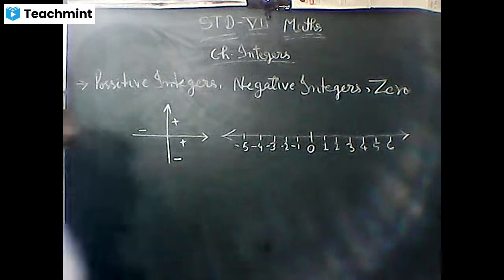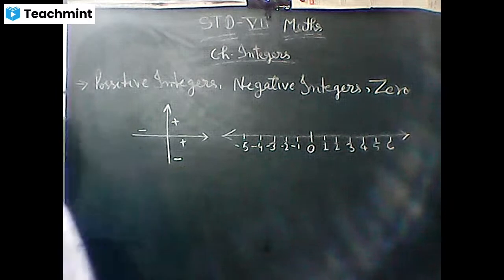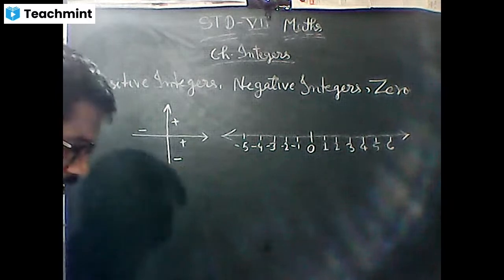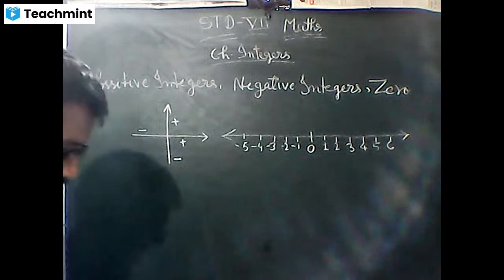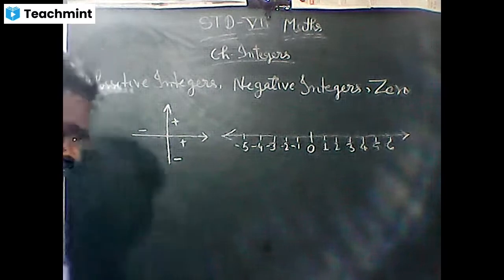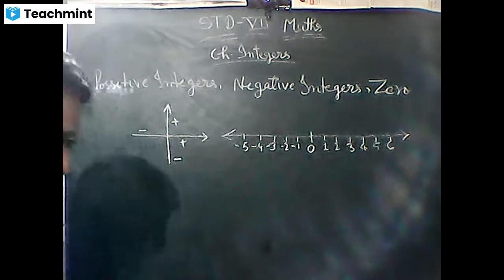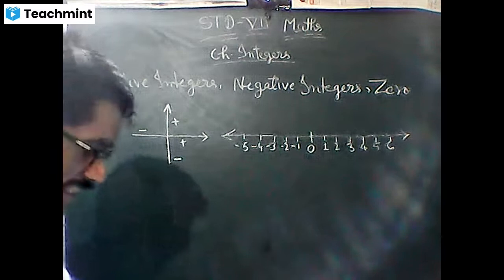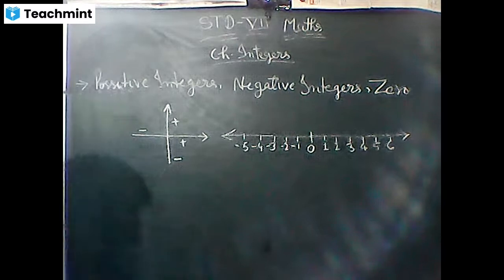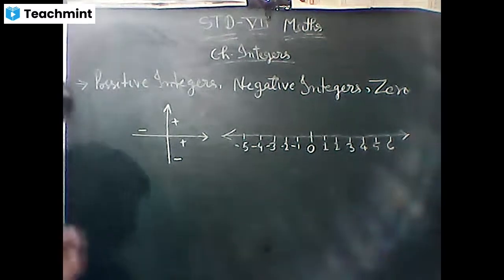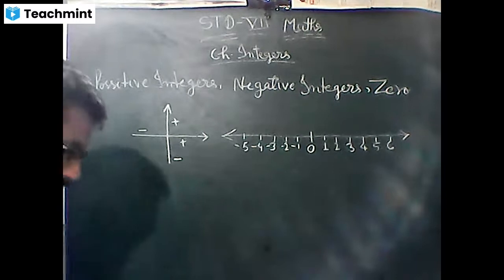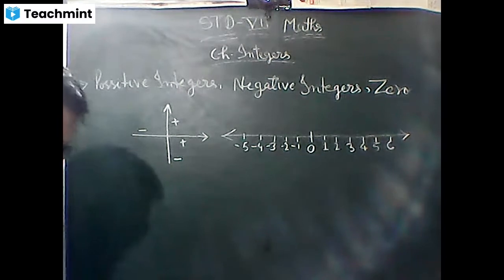When we have a problem normally in our numbers, as in your textbook: a number line representing integers is given below, and write down -3 and -2 are marked by E and F respectively. Which integers are marked by D, and so on?